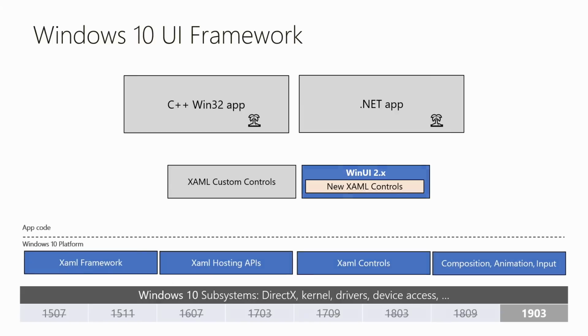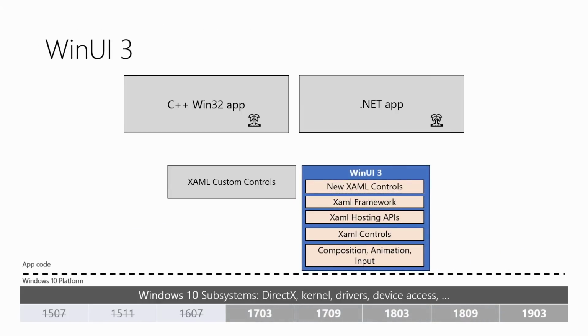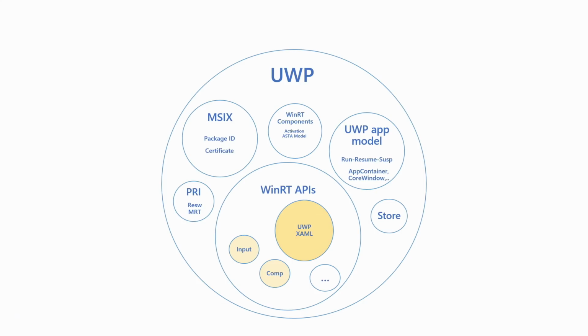Everybody knows about that. The thing that we are doing is decoupling and lifting all these components from the operating system. And this is going to be WinUI 3. Simple, right?